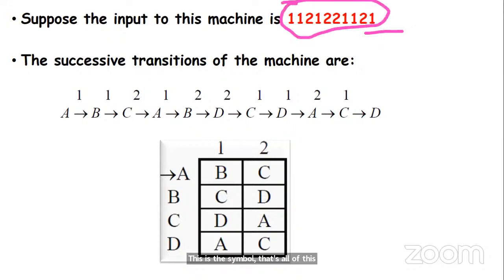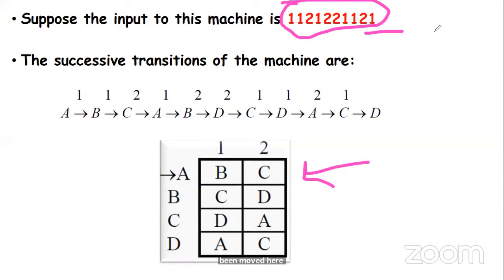Assume that all of this is the input symbols, and we are told to pass this set of input symbols through the same state table we had on the previous page, which has been moved here.